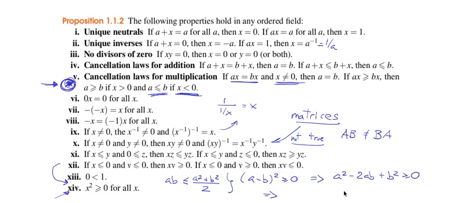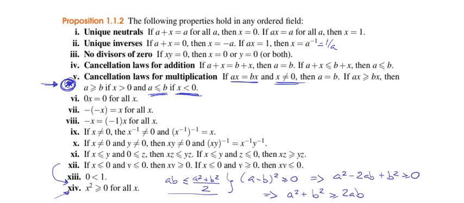And then we sum 2 times ab on both sides, and then we divide by 2, or we multiply by 1 over 2, and because 2 is a positive number, the direction of the inequality doesn't change, and we get here. So you see how we can prove things like that.